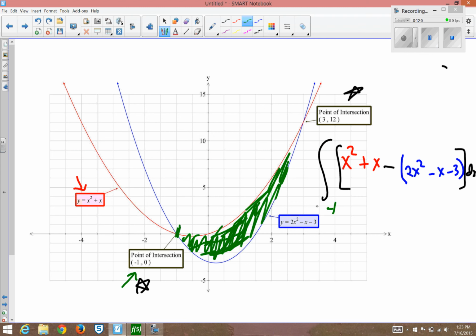That goes here. And in this region I'm coloring in, there's no x bigger than 3. So the y's, the 12 and the 0, we don't really need those. So smallest x in the shaded region down here, biggest x in the shaded region up here, and the integrand is the graph that's higher on your page minus the graph that's lower.